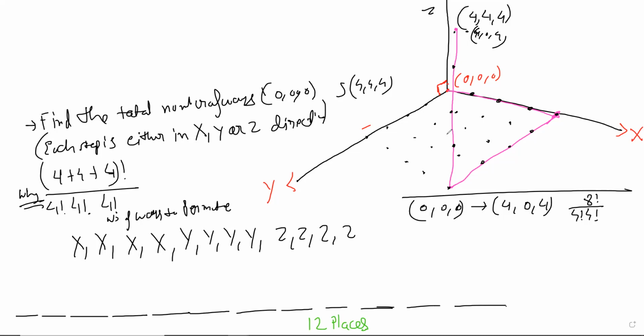They may take some other strange journey. It may go like this, may go 3 steps here, then it may just go up. I mean, it won't reach by just going up, but it will go up all the way, and then it will take the rest of the steps like this, and then it will reach here.